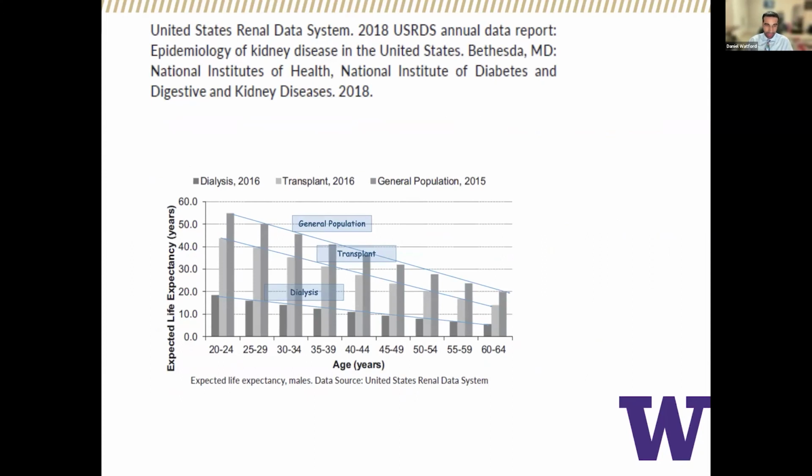And as you can clearly see, patients who are on dialysis compared to those who receive a transplant have much lower life expectancy. And this is across a wide range of ages from age 20 to age 64 in this graphic. And so I think the important message from this is that transplant is certainly life-giving.